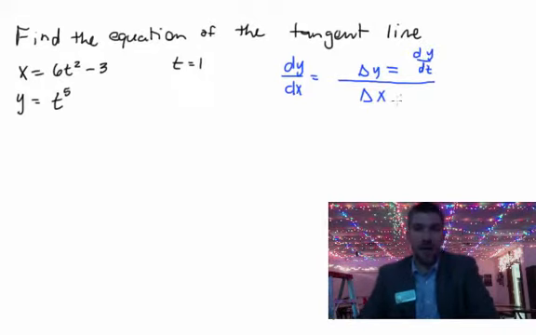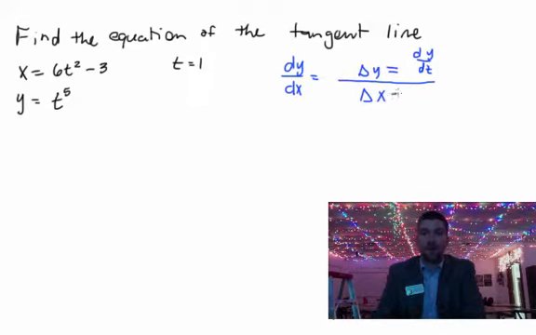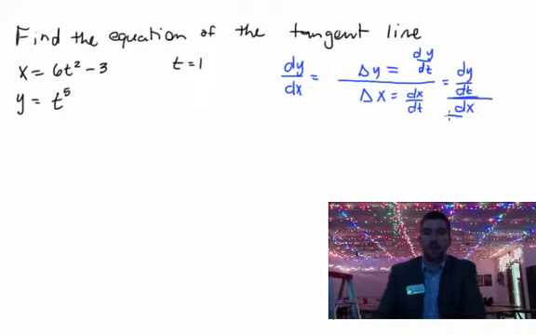And if I could find the derivative of x with respect to t, dx/dt, then what I'm going to end up with is dy/dt over dx/dt. Now, here's what's cool about this. We're going to treat dy/dt and dx/dt like fractions. And if you divide a fraction by a fraction, you have to multiply the numerator by the reciprocal of the denominator.